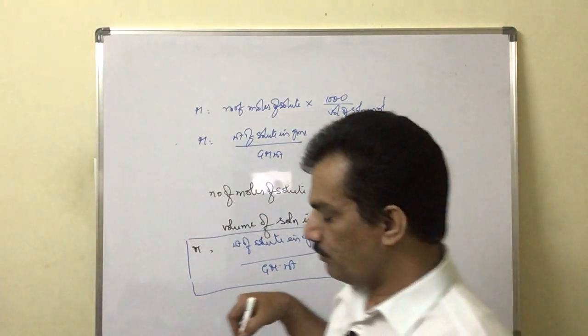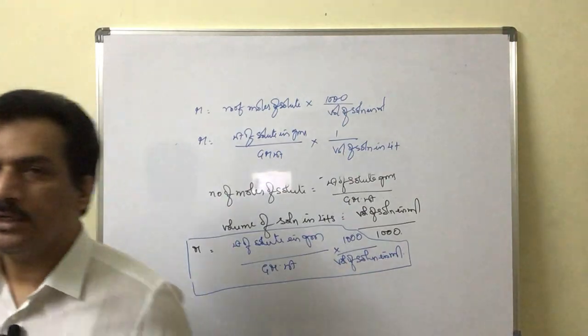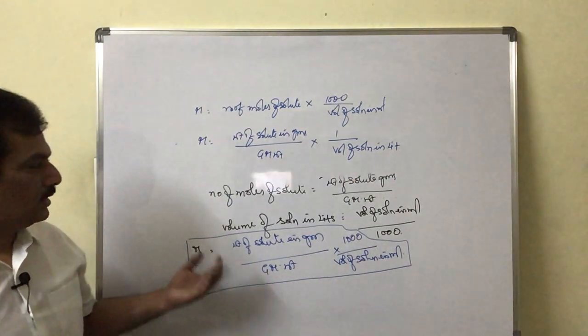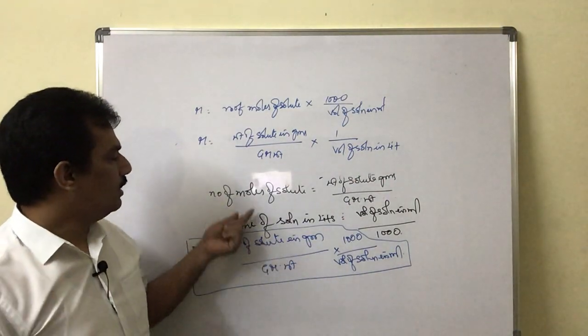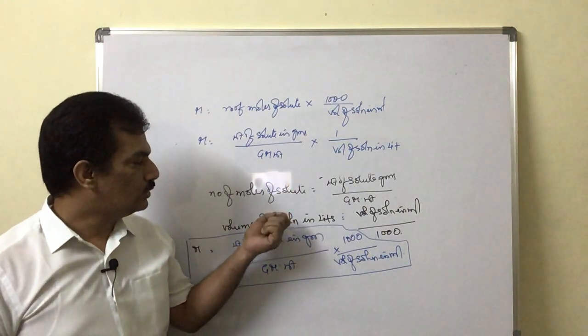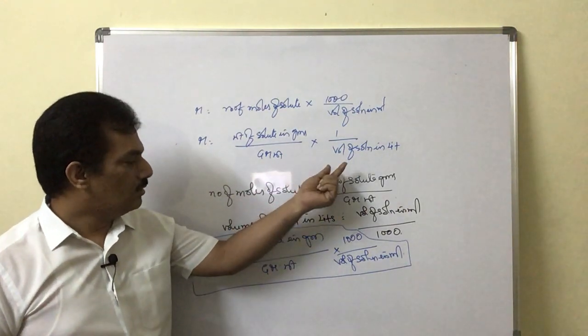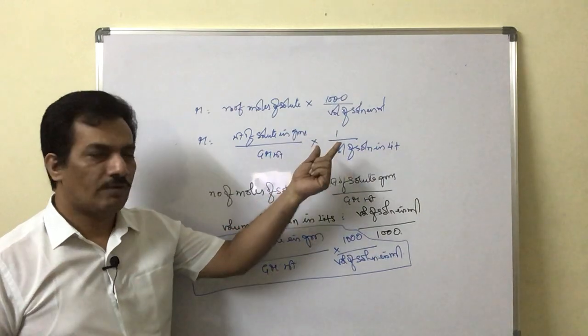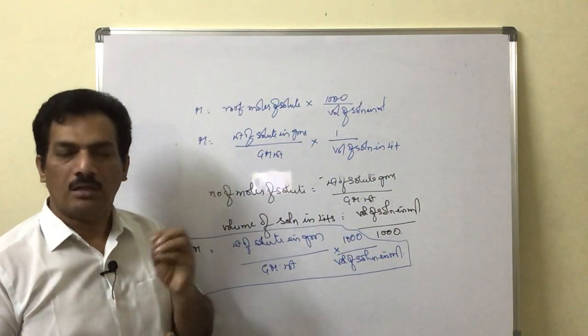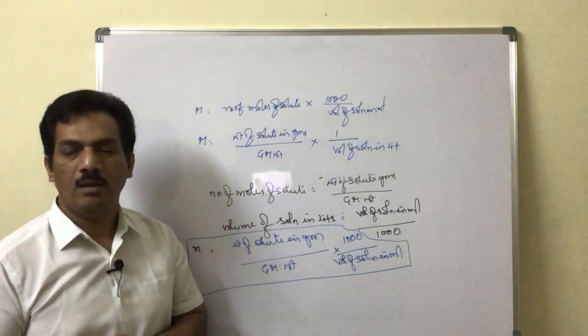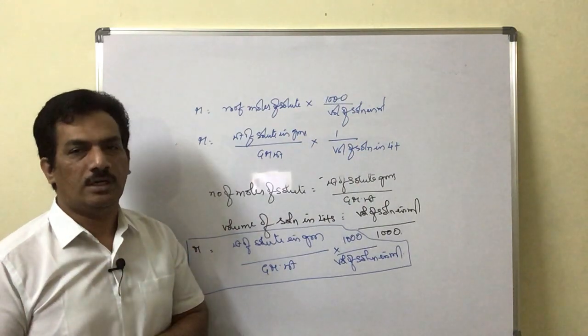These are the different formulae to calculate the molarity. You can observe that when the number of moles of solute and the volume in liters are provided, molarity is nothing but number of moles of solute by volume of that solution in liters.